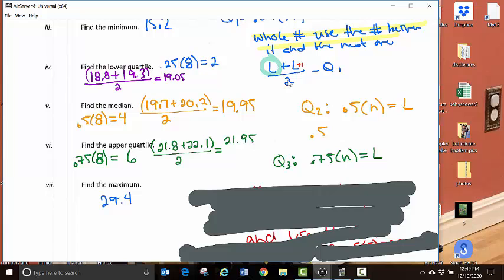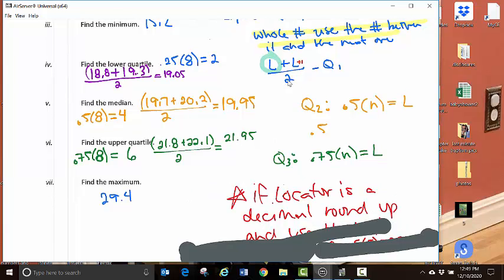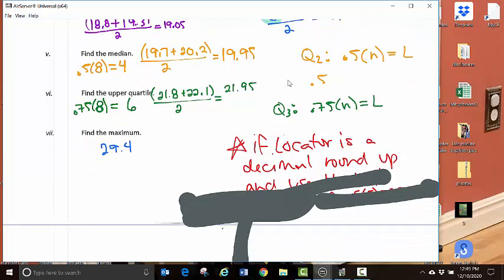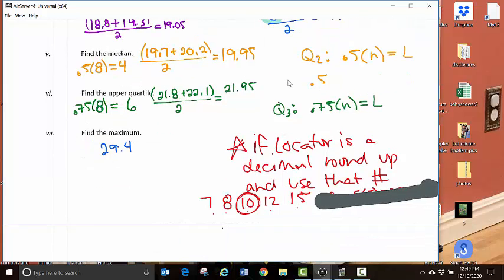So, if the locator is a decimal, round up and use just that number.